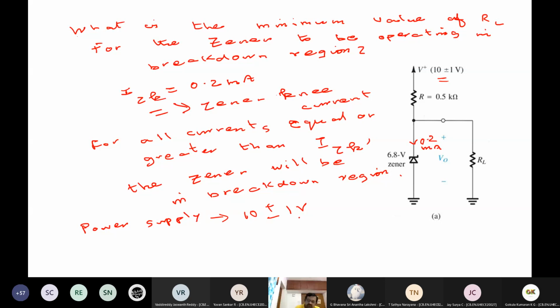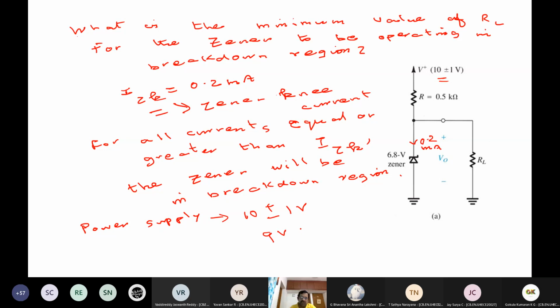But should I take 11 volt to calculate the total current coming out of this power supply, or should I use the 9 volt? I must get the minimum 0.2, and also the minimum RL here. So if I take a higher value, I might have a wrong answer. Think about it. 9 volt is the appropriate thing that I must take, so that the voltage drop here will be correspondingly right and that value will come.